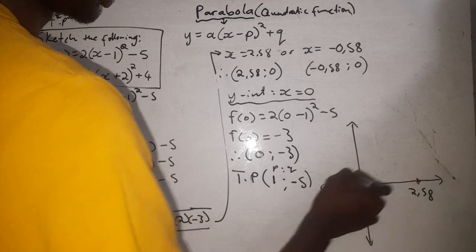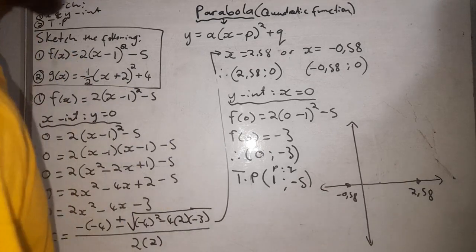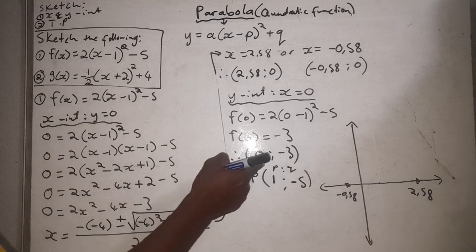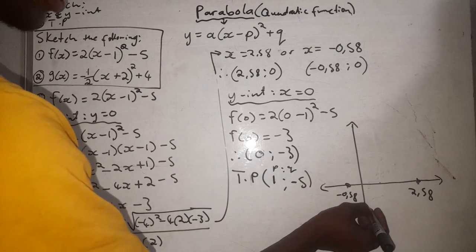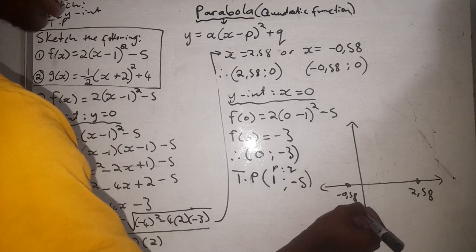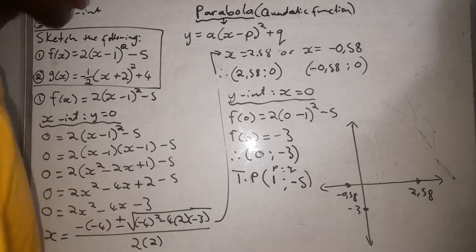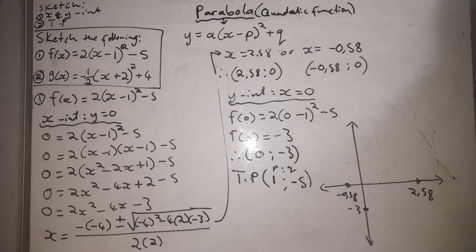These are the two x-intercepts. Then the y-intercept was at 0, minus 3, so that should be somewhere over here. And lastly, the turning point at 1 and minus 5.